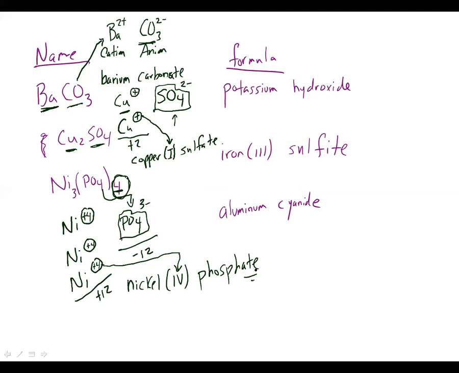That's why we have to indicate the Roman numeral on those, because they could potentially have some other charge. Technically things could go up to, for example, +6, but +2, +3, and +4 are very common.